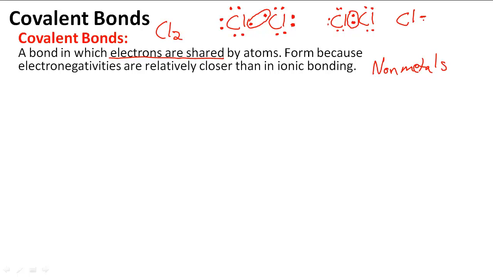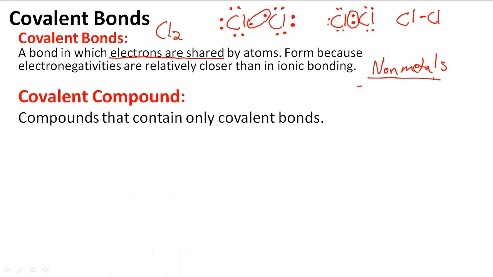This line represents that there are 2 electrons being shared. And this is why atoms would come together to form covalent bonds and share electrons rather than transferring them, because of their electronegativities and because of the fact that they want 8 valence electrons. Remember, nonmetals are usually the ones that are doing this type of bonding.